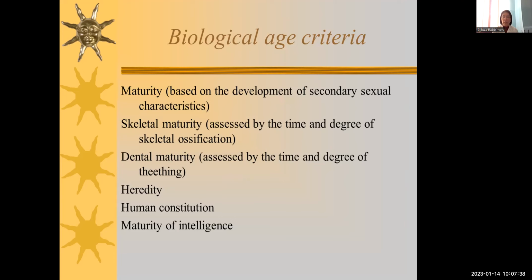Criteria of biological age: maturity, based on the development of secondary sexual characteristics; skeletal maturity, assessed by the time and degree of skeletal ossification; dental maturity, assessed by the time and degree of teething; heredity, human constitution; and maturity of intelligence.